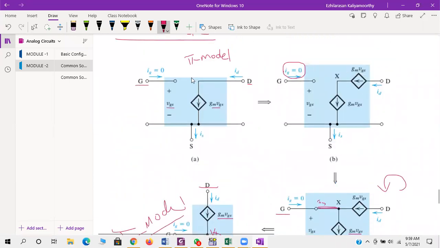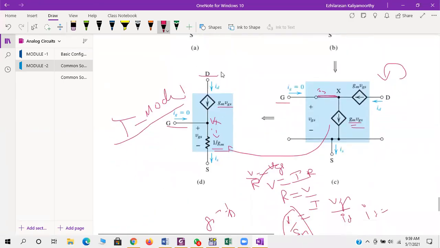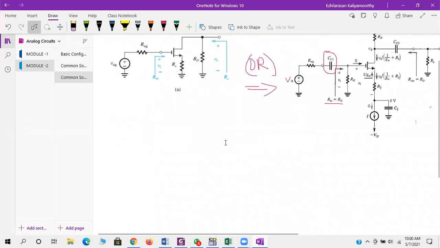Earlier we drew the pi model circuit. Now we are going to use the T model. See, this is the T model. It looks like a T in the other orientation. So now let us study this. We are going to draw the small signal equivalent with the T model. I hope you remember, you got it now, right?